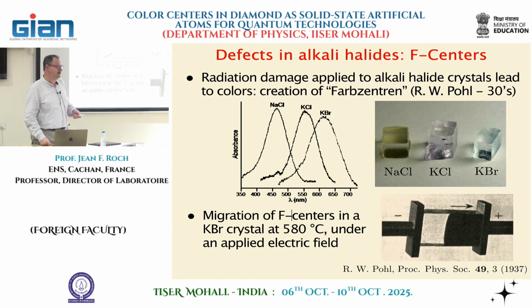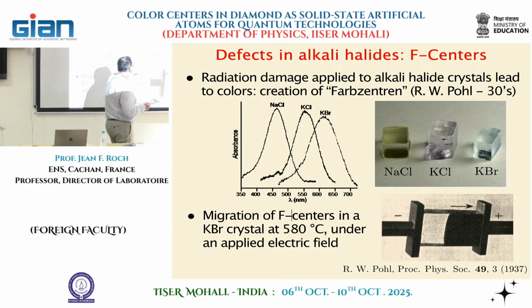So basically, people developed a powerful electron beam machine, and you put a halide crystal in the system, and what was observed was that it changed color completely. For instance, irradiation of an NaCl crystal produced a yellow color, a KCl crystal a pink color, and a KBr crystal a green color.